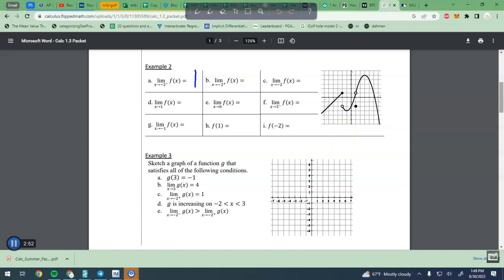As x approaches -2, that's here still, from the positive direction, so that's coming from the right-hand side, it looks like it's going towards a y value of -2. So we got the left, the right, and the overall. If the left and right are different, what's true about the overall? Does not exist.